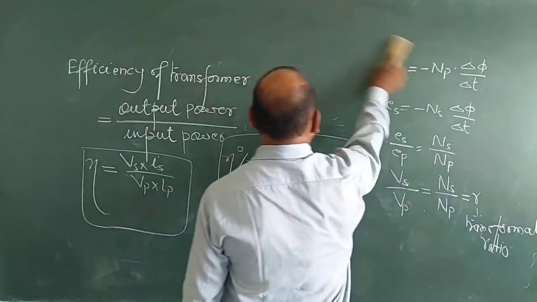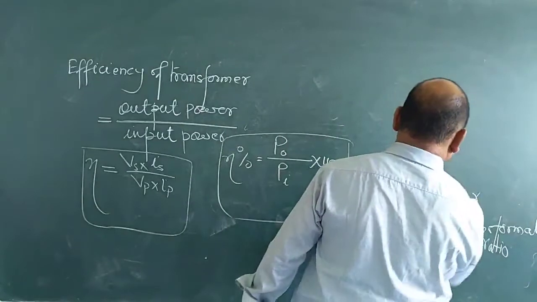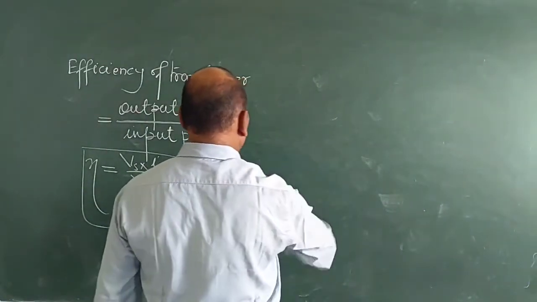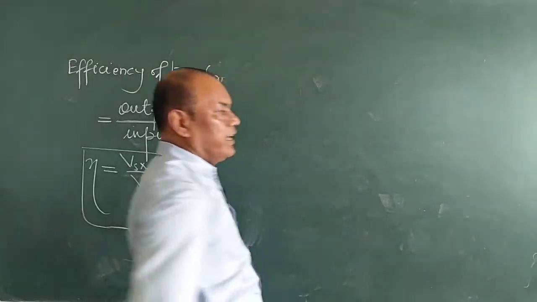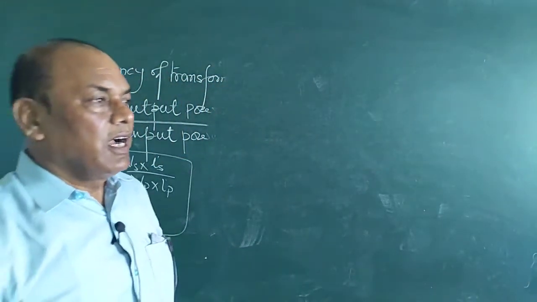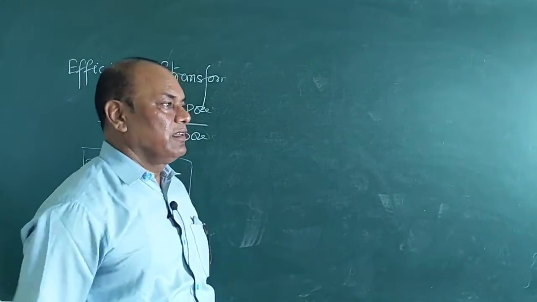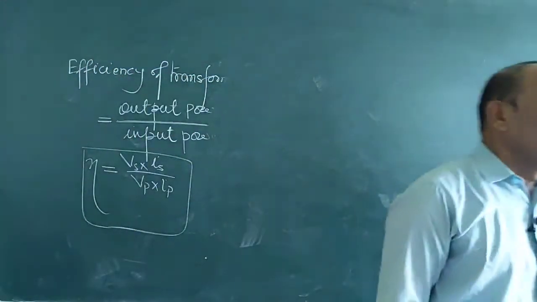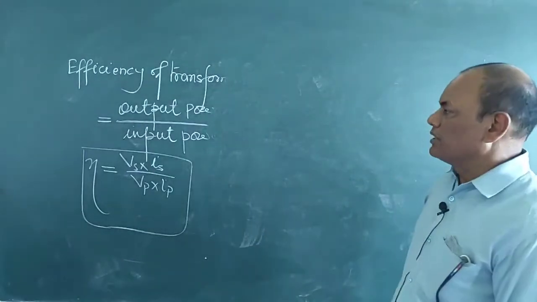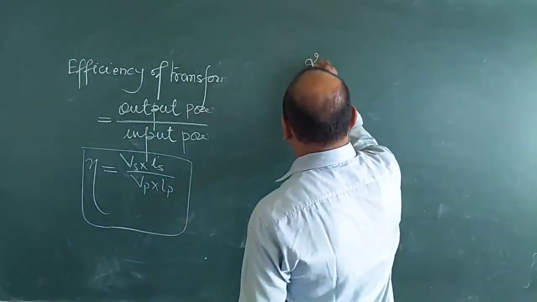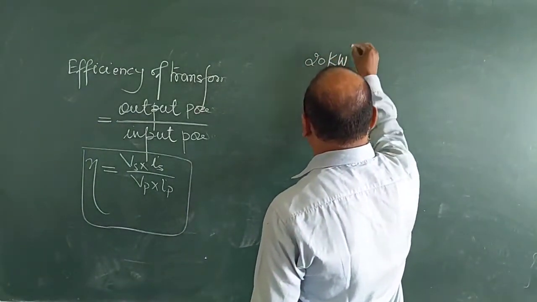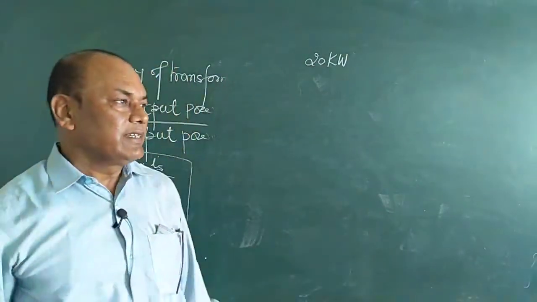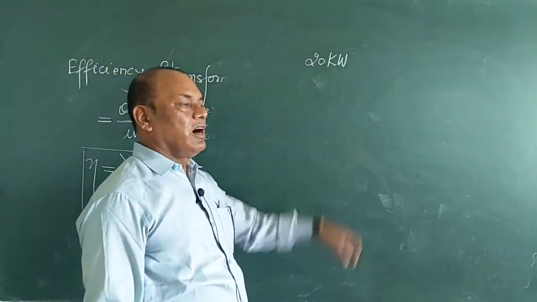Now, where and why is it used? The next question is, which transformer is used where, and why is it used there? To consider this question, suppose that 20 kilowatt electricity is generated at a power station.